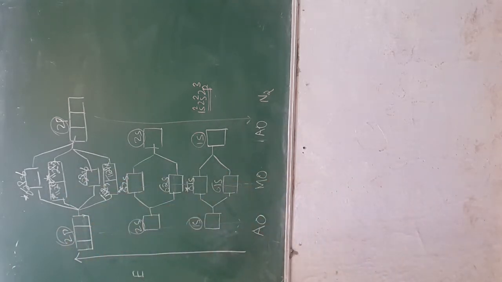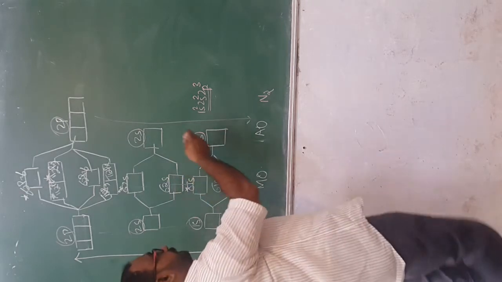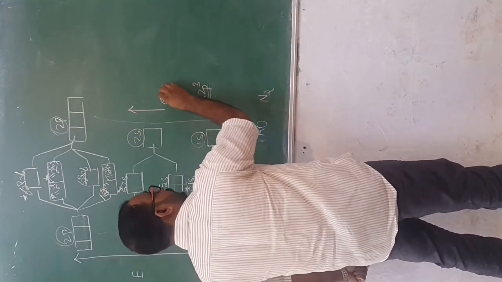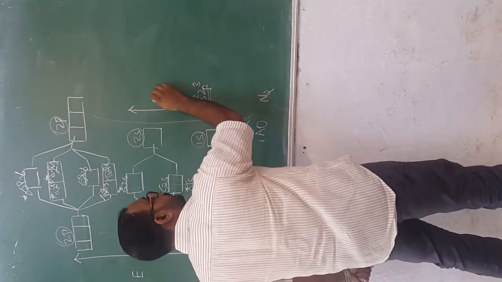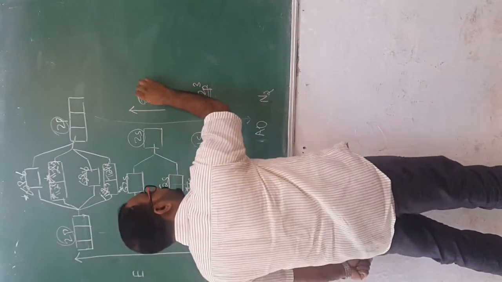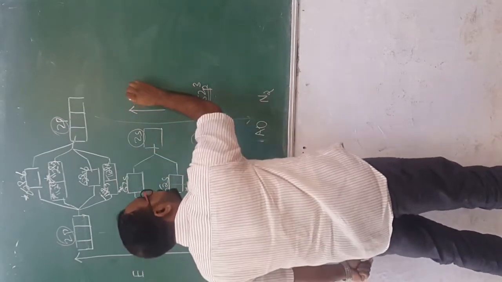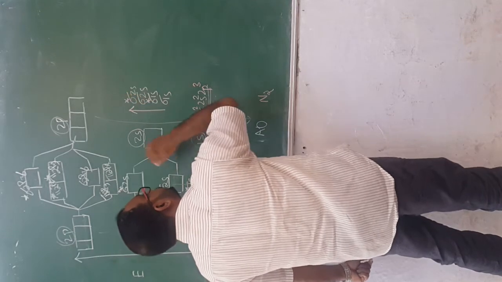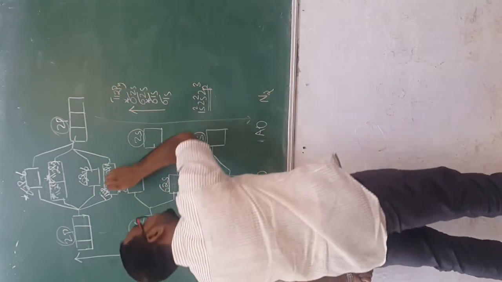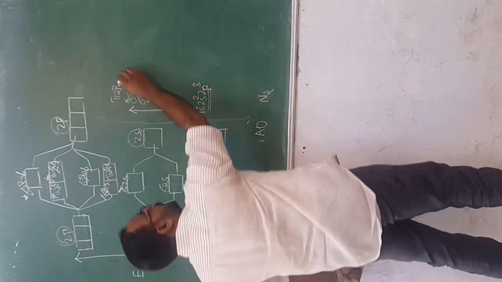If you see, the order of energy is like this: sigma 1s, then sigma star 1s, then sigma 2s, then sigma star 2s, then pi 2p y, which is degenerate with pi 2p x.